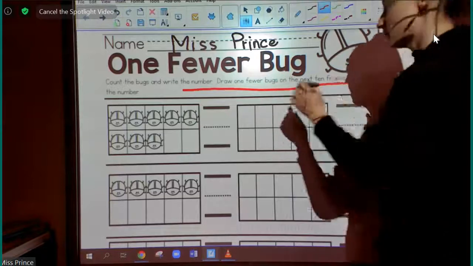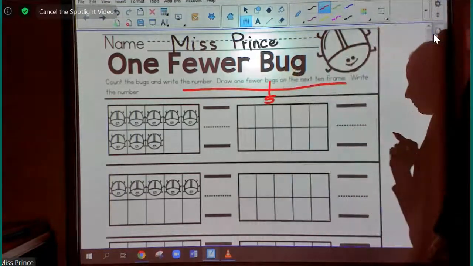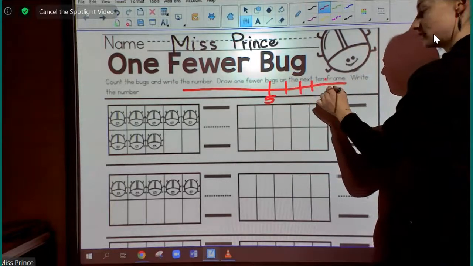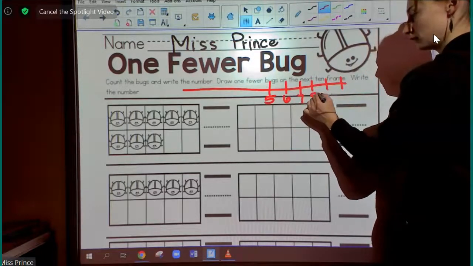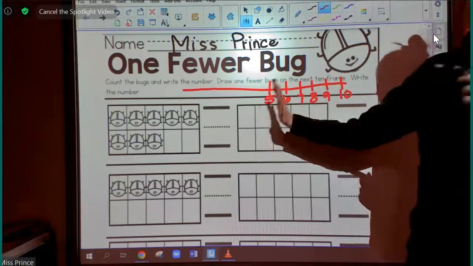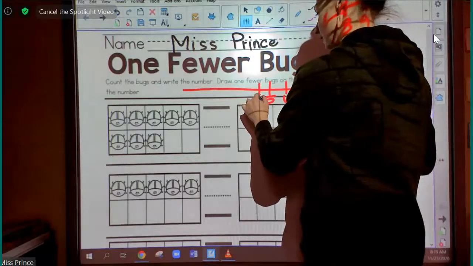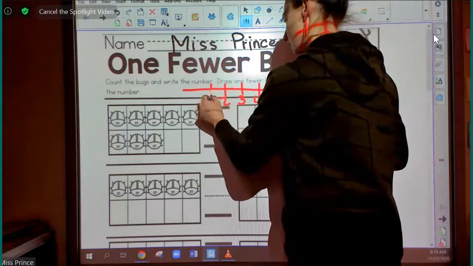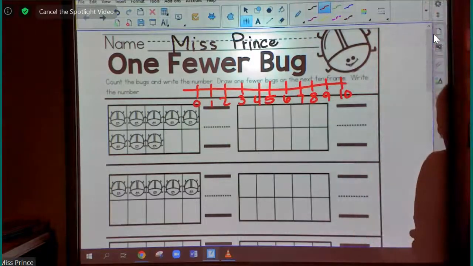And then I'm going to find the middle and put a 5. 6, 7, 8, 9, 10. And that's just going to help me when I'm figuring out fewer, 1 fewer, and 2 fewer. 4, 3, 2, 1, 0. Give you about 1 minute to get that on your paper.